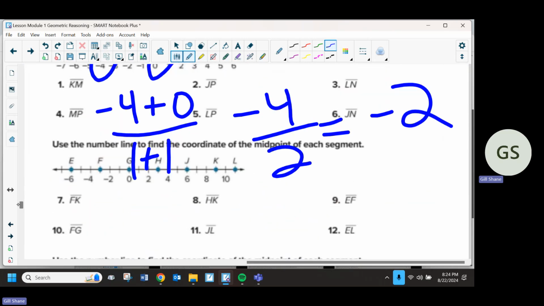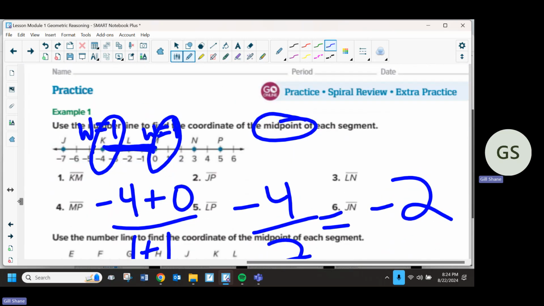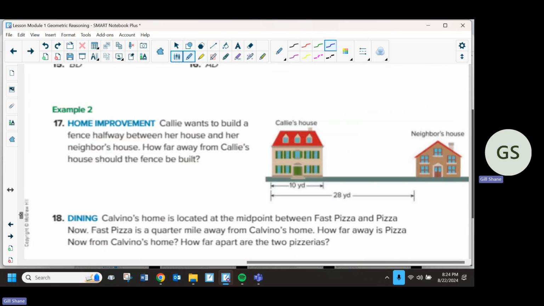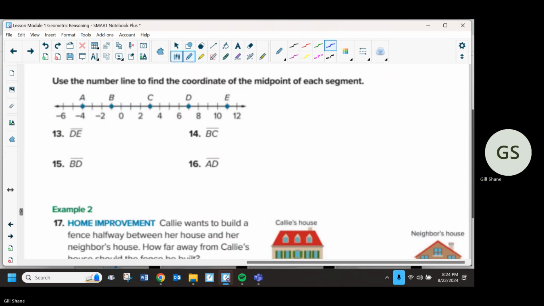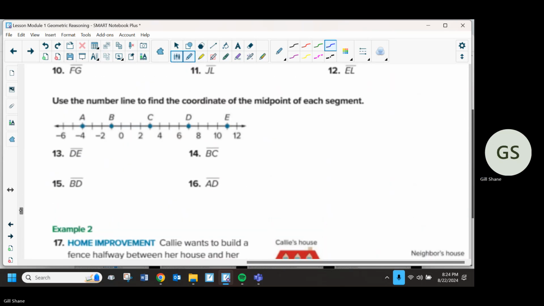Let's see. Oh, so I'll probably assign 1 through... that's exactly what we just did. There's no difference in that.